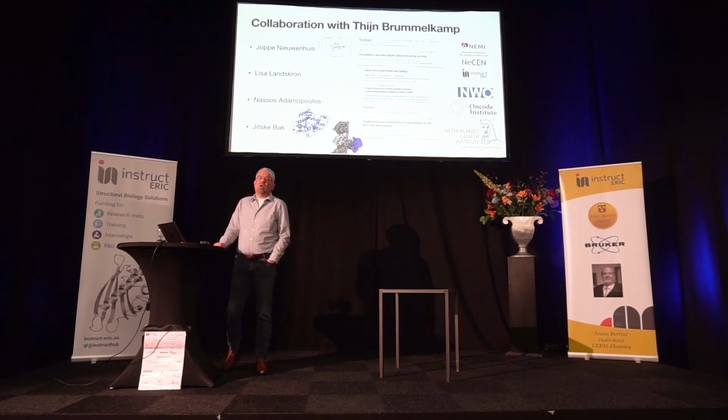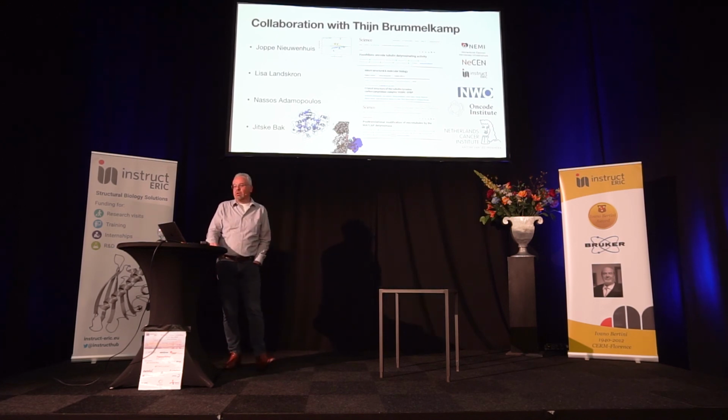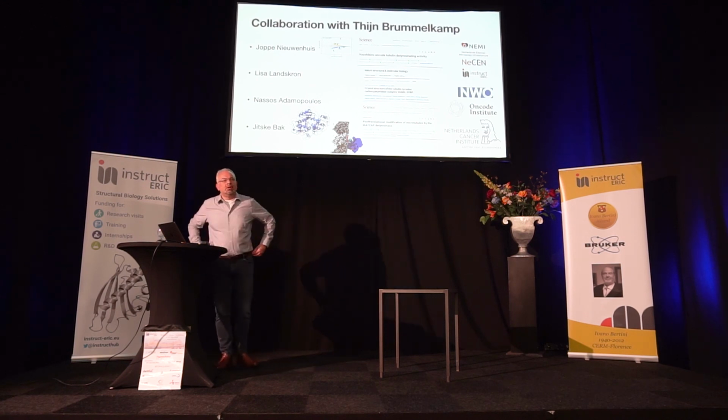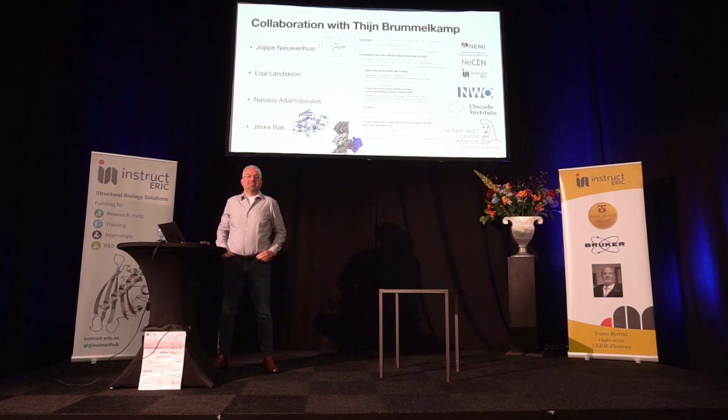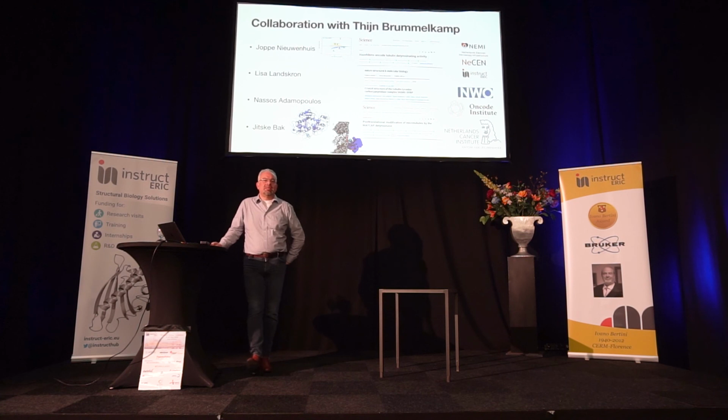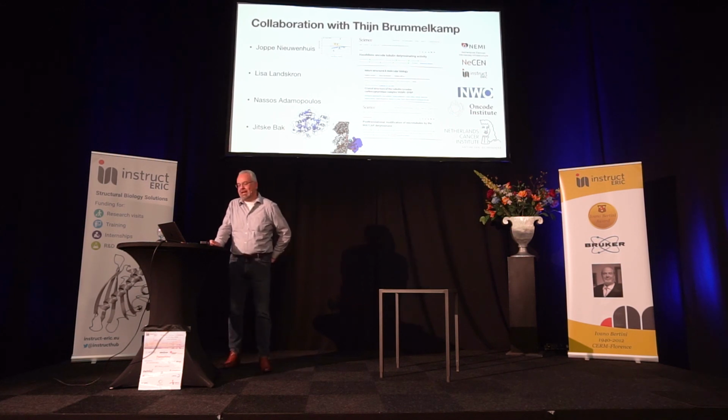last but not least, all the curiosity and the cell biology was of course driven by Tijn Brummelkamp, who works on a variety of questions, but he does have this affinity for the cytoskeleton. He also likes to see how the actin N-terminus is modified, but I'm not allowed to say much about that. Joppe Neuhaus was the PhD student that discovered SVBP, and Nassos Adamopoulos was a PhD student in my lab that did the VASH1-SVBP structure and the biochemistry.